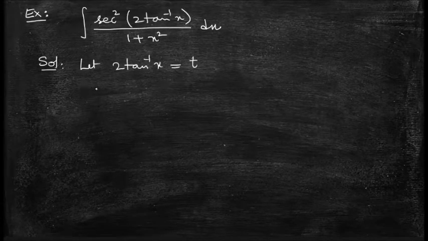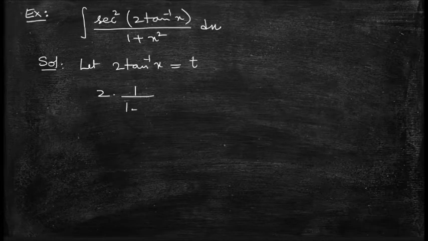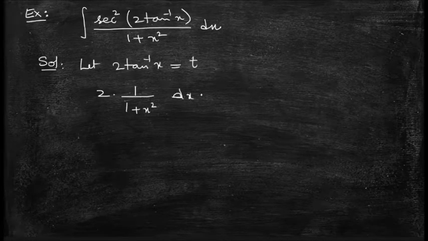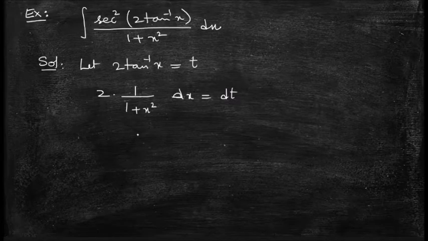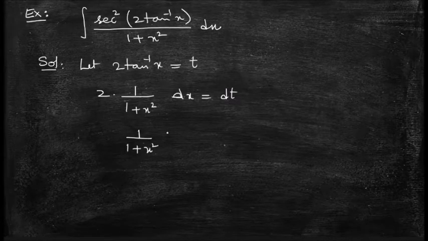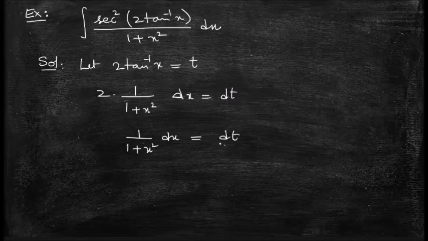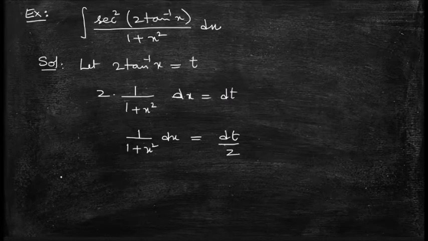On differentiation, 2 into derivative of tan inverse x, which is 1 by 1 plus x square, dx is equal to dt. Now send the 2 to that side: 1 by 1 plus x square dx is equal to dt by 2.